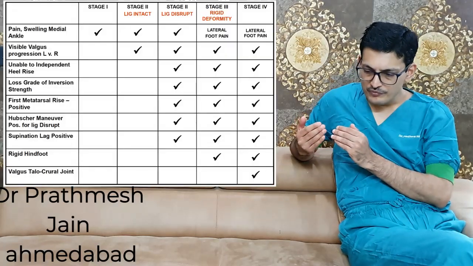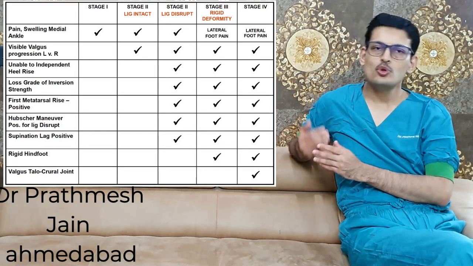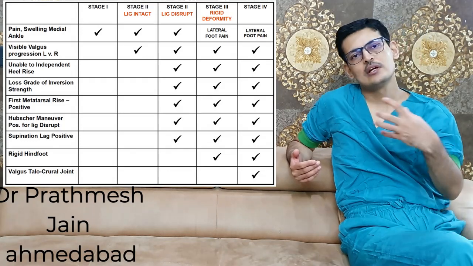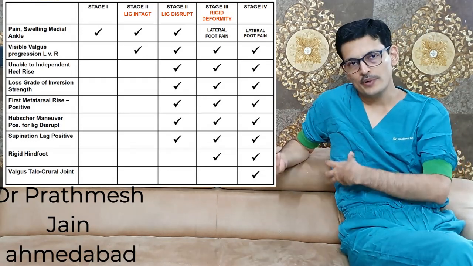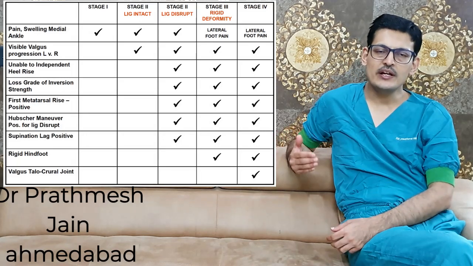Now as I told you, there is a particular sequence in which this deformity progresses. Usually the deformity starts either from the spring ligamentous complex, which is a static stabilizer, or from a tibialis posterior dysfunction, and it slowly increases.